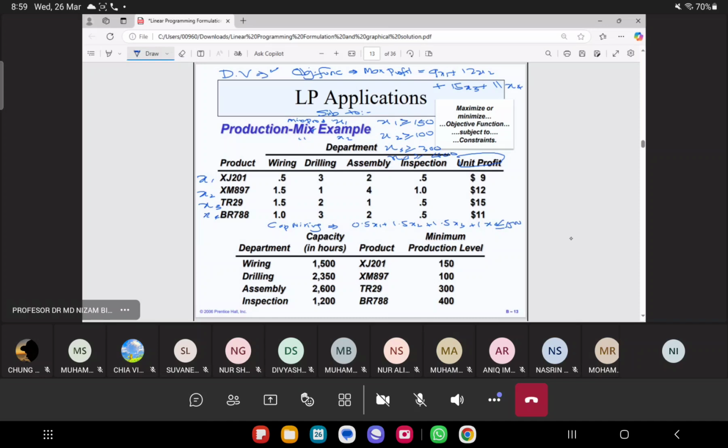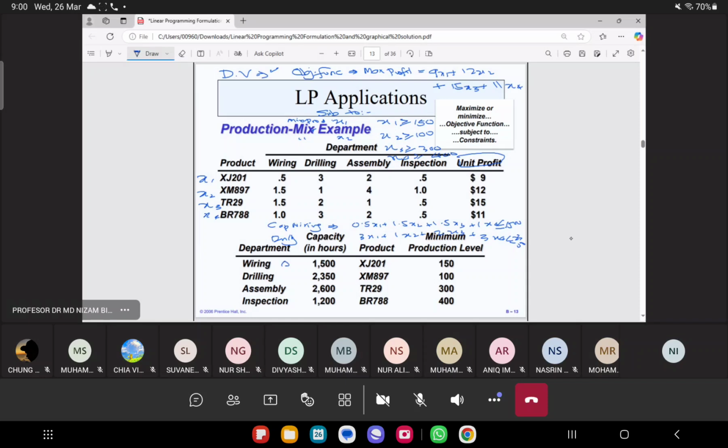And I can do the same thing for drilling. This is 3X1 plus 1X2 plus 2X3 plus 3X4 must be less or equal to 2,350. Assembly is the same thing, and inspection is the same thing, right?